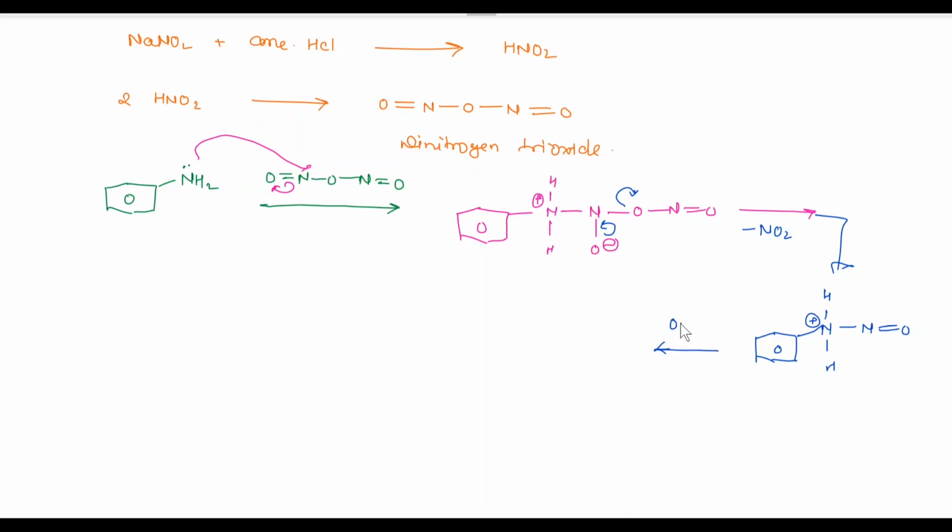In the next step, this NO2 abstracts this proton, loss of HNO2, that is nitrous acid, takes place and we get N bond N double bond O. Here tautomerization takes place, this hydrogen is shifted, and we get nitrogen double bond OH.